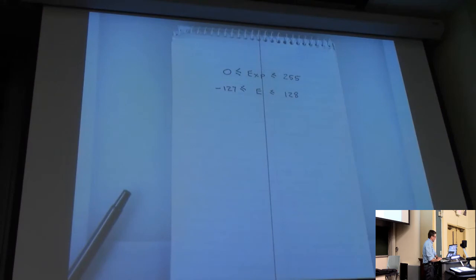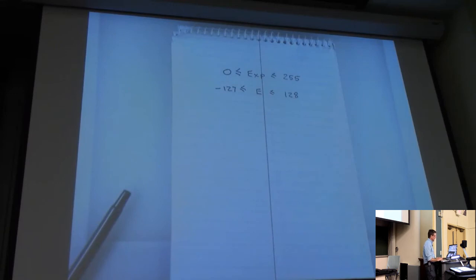If m is greater than or equal to 2, and this is a normalized number, we have to put it in the range between 1 and 2 by shifting to the right and incrementing the exponent. If e is out of range, then we overflow to infinity. And if m has too many bits, we have to use round to even to fit it into the available frac bits.